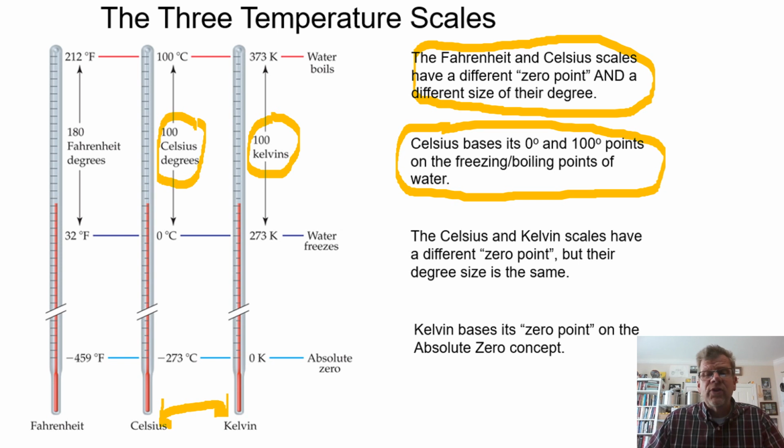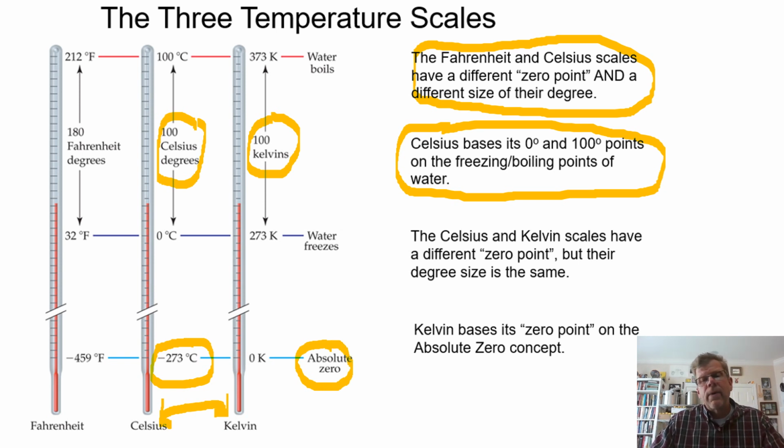But the size of the degree is the same. The difference is their shift in 0 point. The 0 point for Kelvin is at minus 273 degrees Celsius, also known on the Kelvin scale, 0 kelvins, as absolute zero.